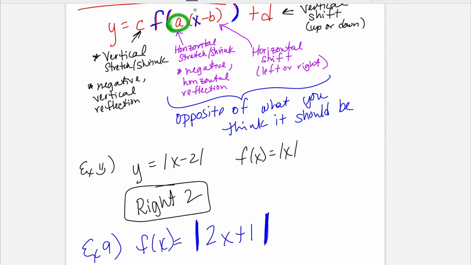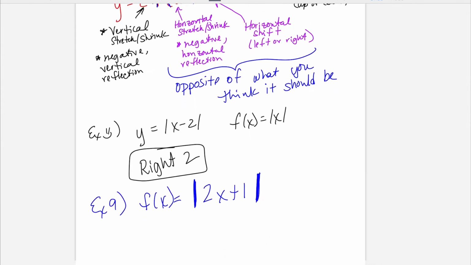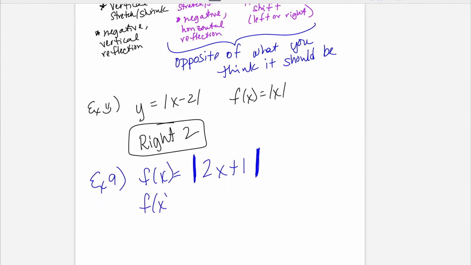This is factored out. Your a value is factored out, leaving your b value inside the parentheses. If you have something like this, you have to factor that first. So this is actually f of x is equal to the absolute value of 2 times x plus 1/2.